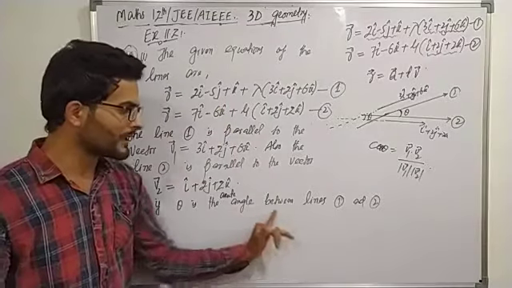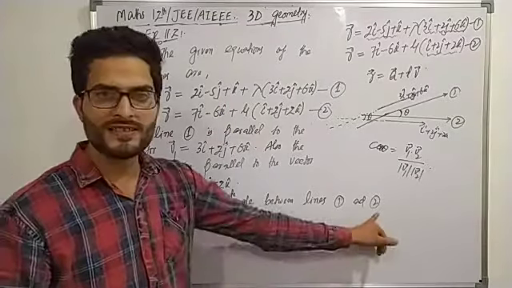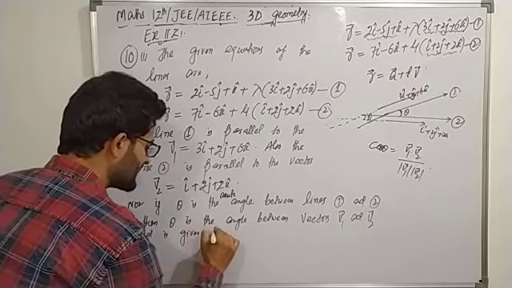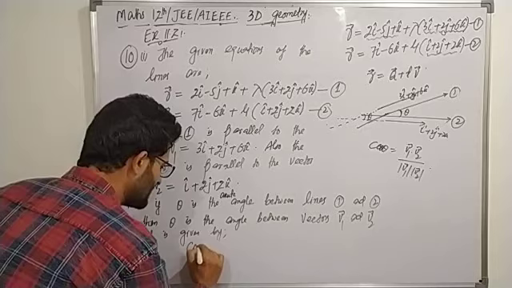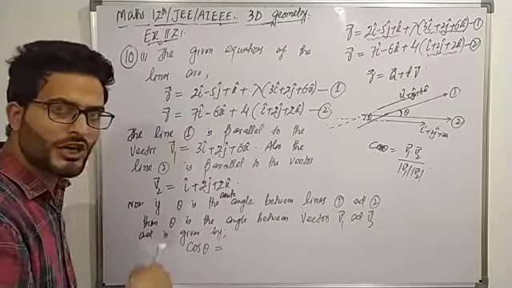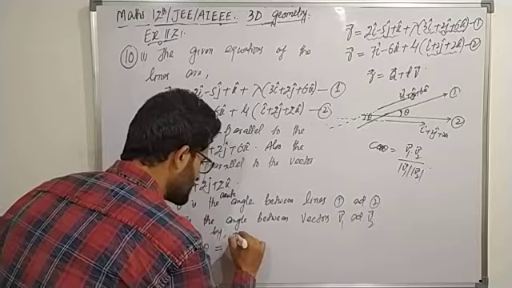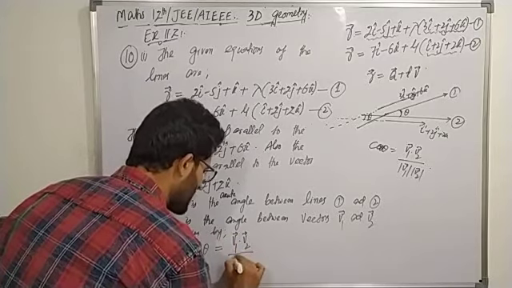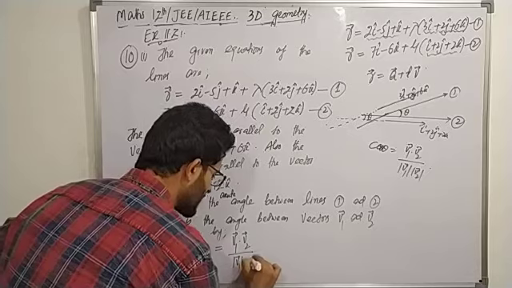Now if theta is the acute angle between the lines first and second, then theta is the acute angle between vectors v1 and v2, and is given by the expression, yes, the cosine of the angle between two vectors is equal to their dot product, that's v1 dot v2 divided by magnitude of vector v1 into magnitude of vector v2.